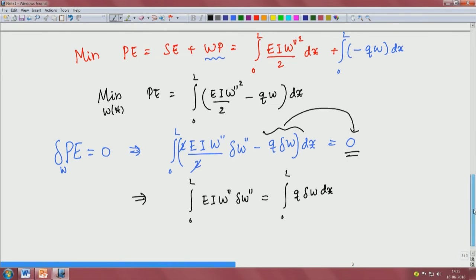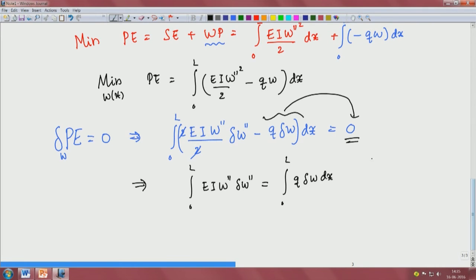So, now we see what this delta W is for us from the calculus of variation. It is the variation of W of x. Delta W of x is a variation of W of x, meaning if the beam has deformed here, we are perturbing around it, a little perturbation that we have here, that is our delta W of x.